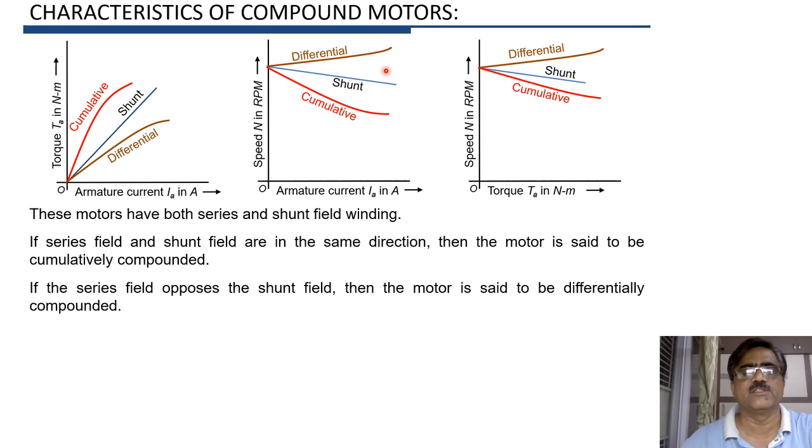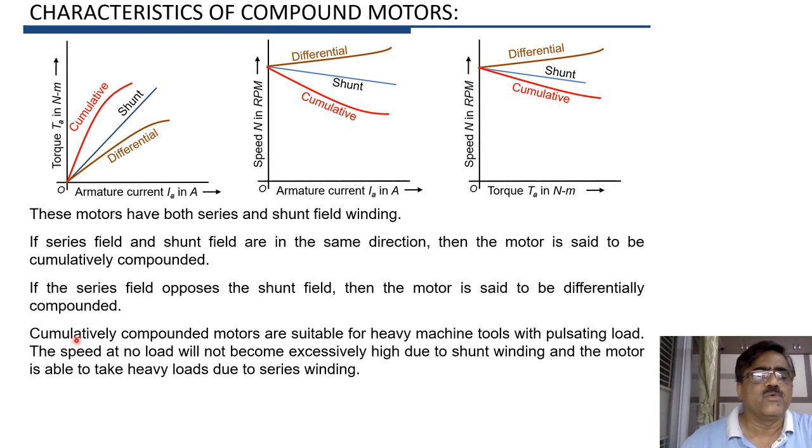Now here with decrease in flux, speed of motor increases, and therefore with increase in load, speed of differentially compounded motor will increase. So here we can say that cumulatively compounded motors are suitable for heavy machine tools with pulsating load. Pulsating load means the load is variable.